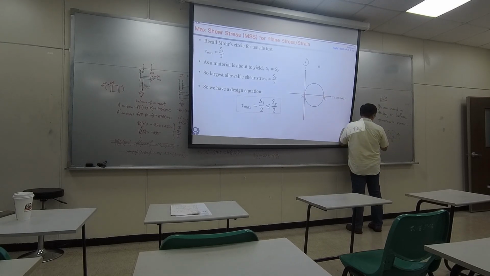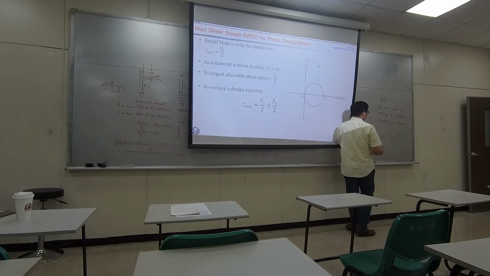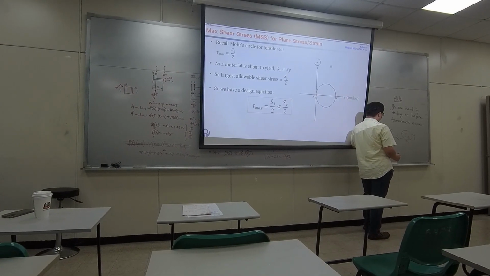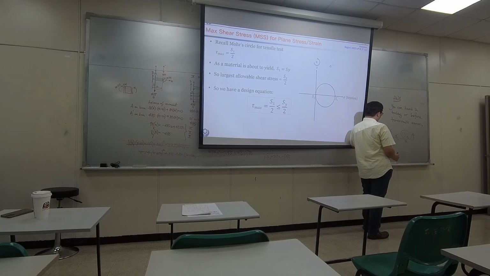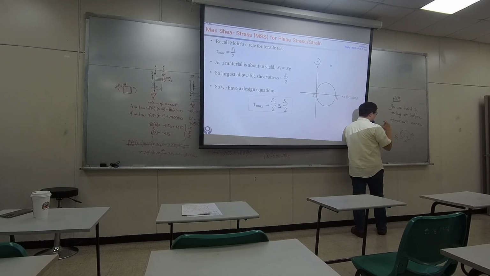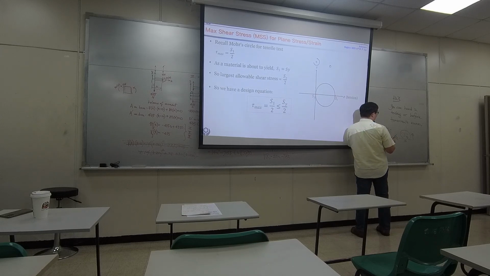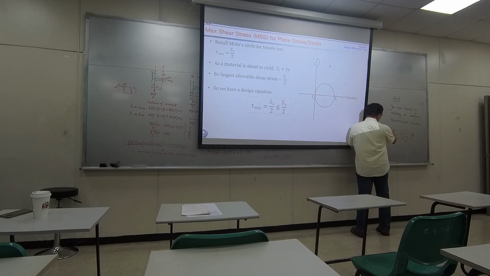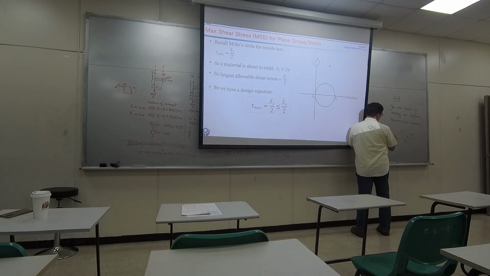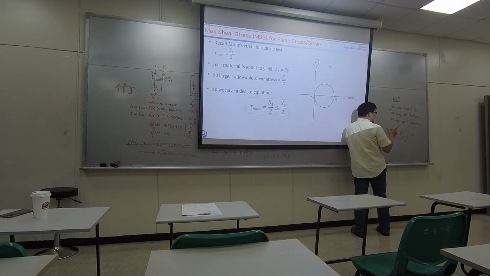The other way is... so if we use this equation, we cannot easily tell whether I should enlarge the shaft or not, because C is your radius and I is also related to your radius.